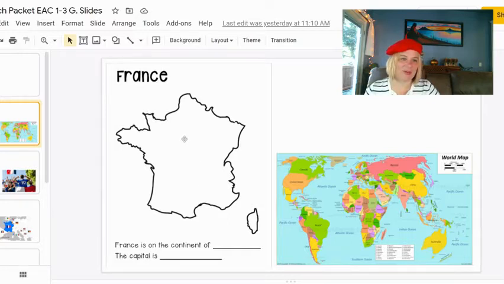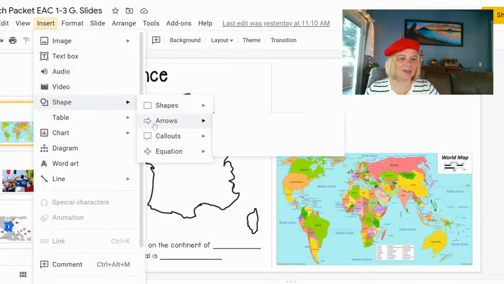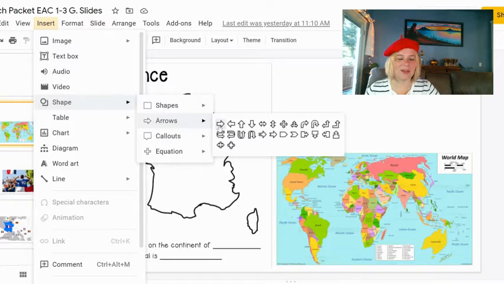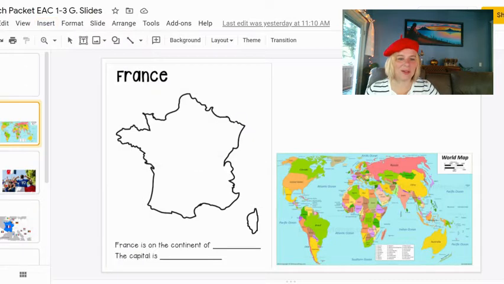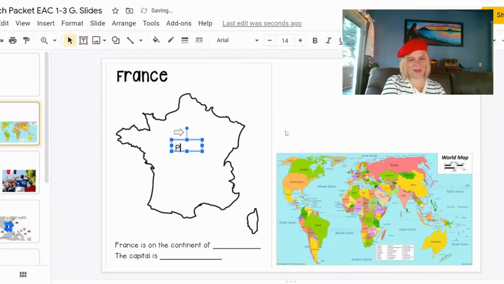The capital of France, we can add that in. Let's do a little, you can draw a little dot, or you can do a little arrow. So right about there. And we can label it. You can write that on yours.